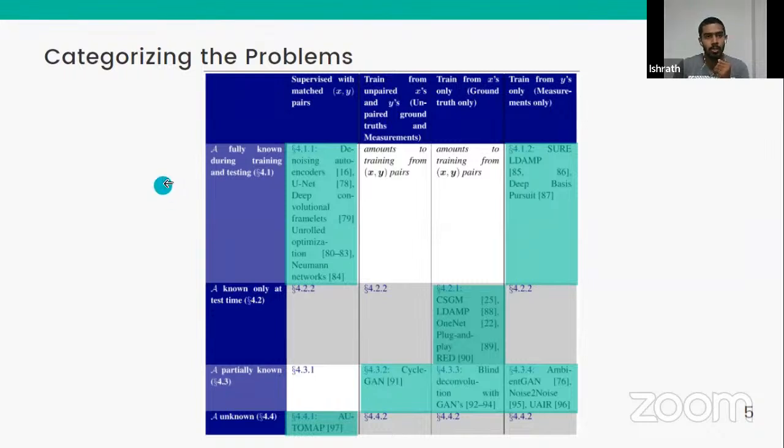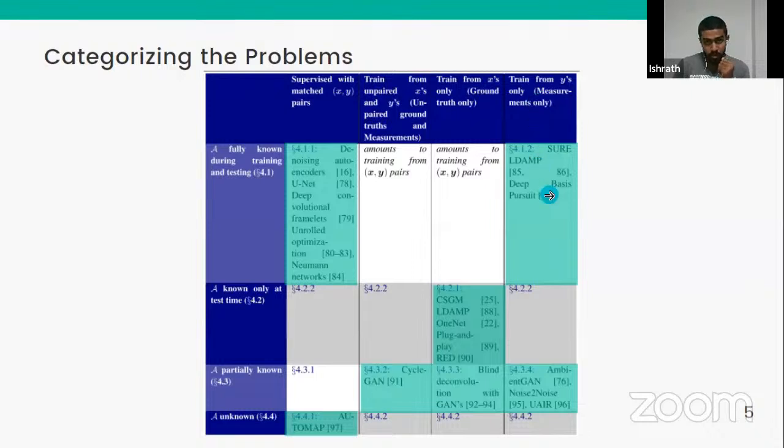One is based on the knowledge of the forward process of the imaging, for example, how much we know about this forward process. And the next category is based on what kind of data we have for training these deep learning networks. So, if we have only the ground truth images, or we just have the measurements only.